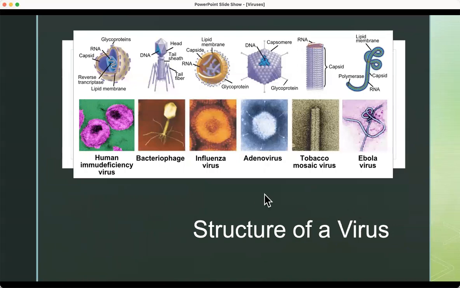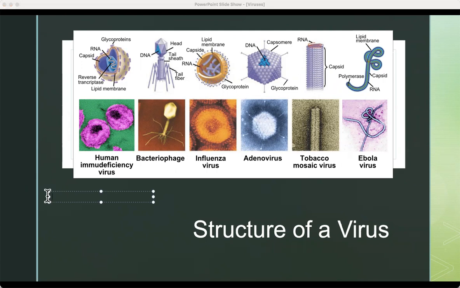Now, there are different groups of viruses, and within each group, we have a variety of different viruses that are included, right? So first of all, we have HIV. So that's kind of a virus on its own. So HIV, if you notice in the picture here, has RNA as its genetic information.